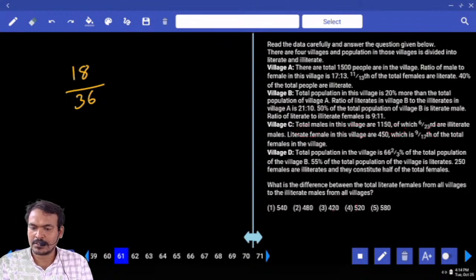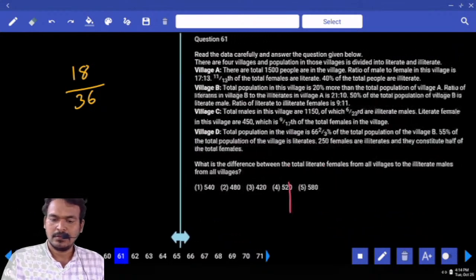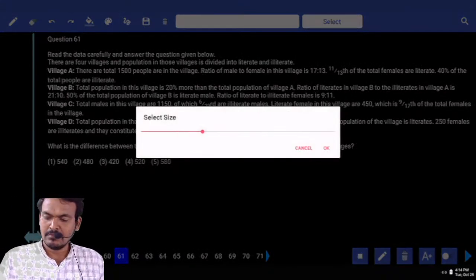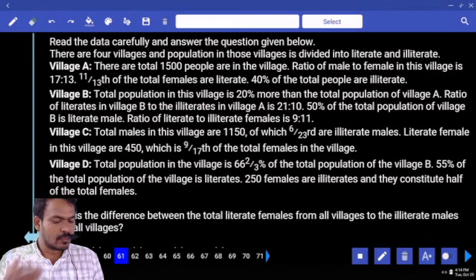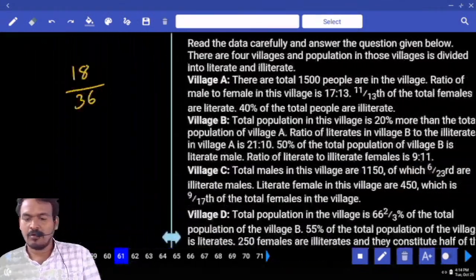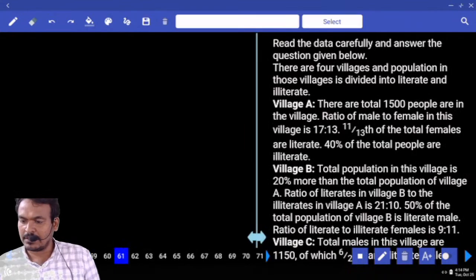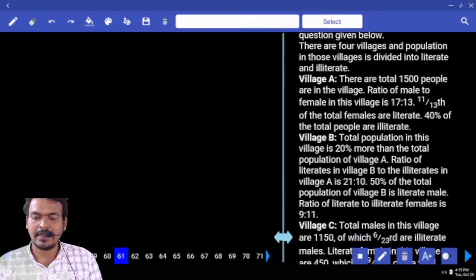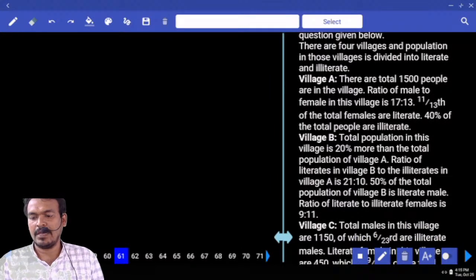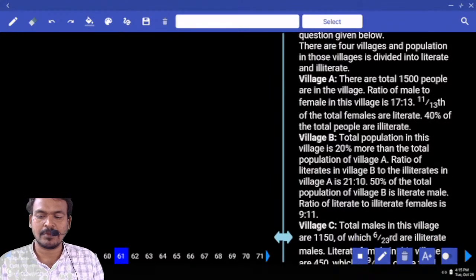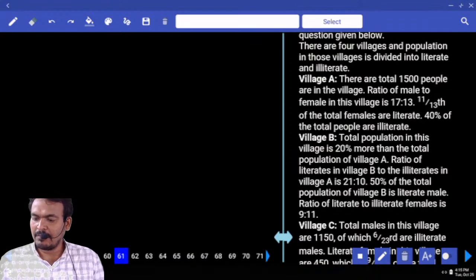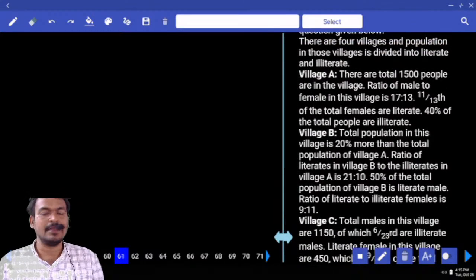Next question, number 61. A caselet is given. There are four villages, and the population of those villages is divided into literate and illiterate. Village A has a total of 1500 people. The ratio of male to female in this village is 17:13, and 11/13 of the total females are literate.